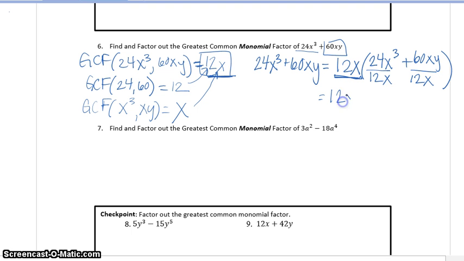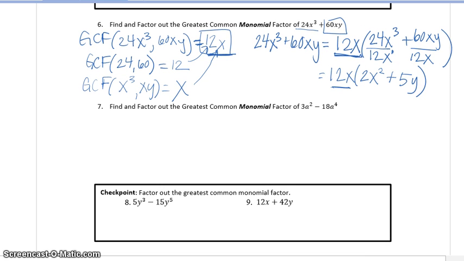So what that leaves us with is 12x times 24 over 12 reduces to 2, and x to the third over x to the first reduces to x to the second power, plus 60 over 12 reduces to 5, and x over x cancels each other out, leaving us with just a y. So once we have factored out our greatest common factor, our final answer will be 12x times the polynomial 2x squared plus 5y.